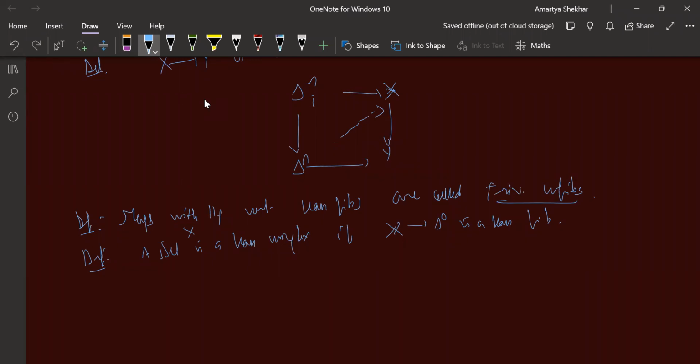Okay, let me define cell complexes also. Again, a definition.